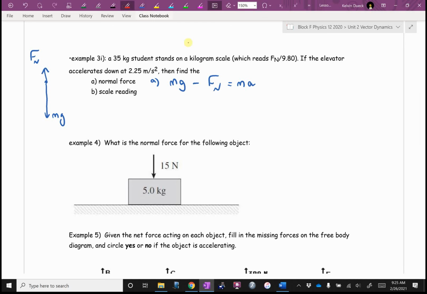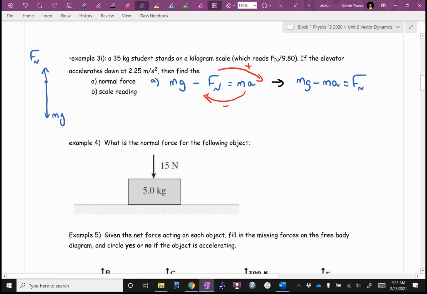We said what you could do is you could plus the normal force to that side, and at the same time, you could minus the ma to that side. And you get this: mg minus ma equals the normal force.